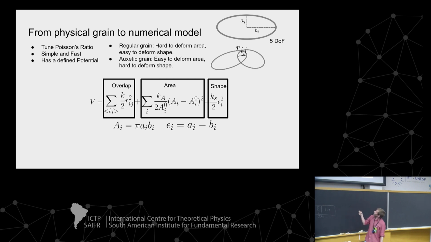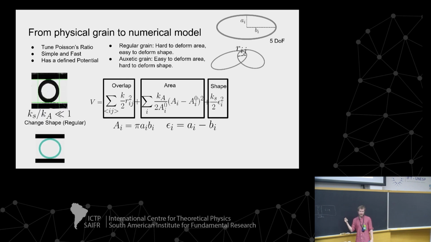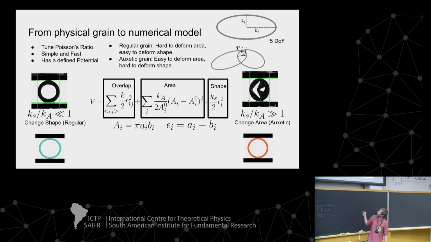Now, playing around with Ka and Ks, which are the stiffness of the area energy and the shape energy, we can achieve particles that only want to change their shape and don't want to change the area, like regular particles. And we can achieve particles that only want to change the area and don't want to change the shape.